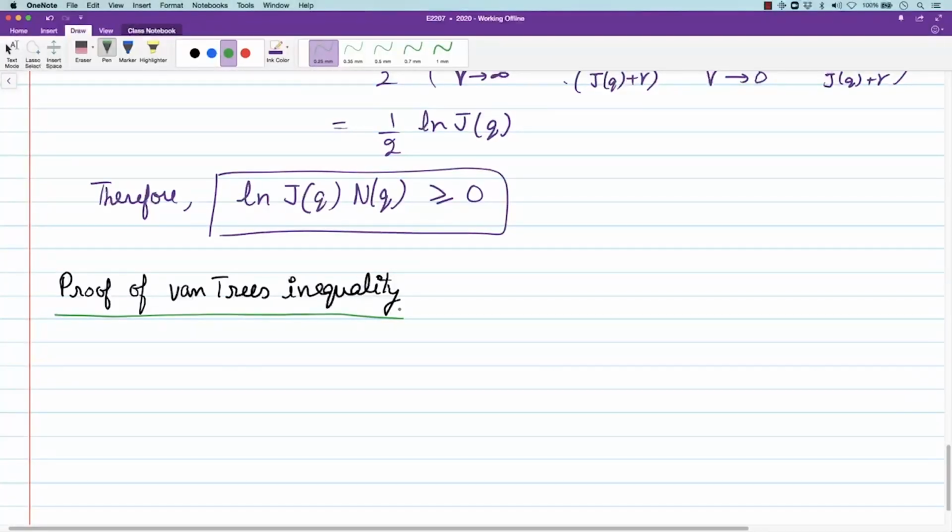And this particular loss function that we get a lower bound for in Van Trees' inequality is the L2 loss function. The proof is essentially just the Cauchy-Schwarz inequality. Let me show the proof.